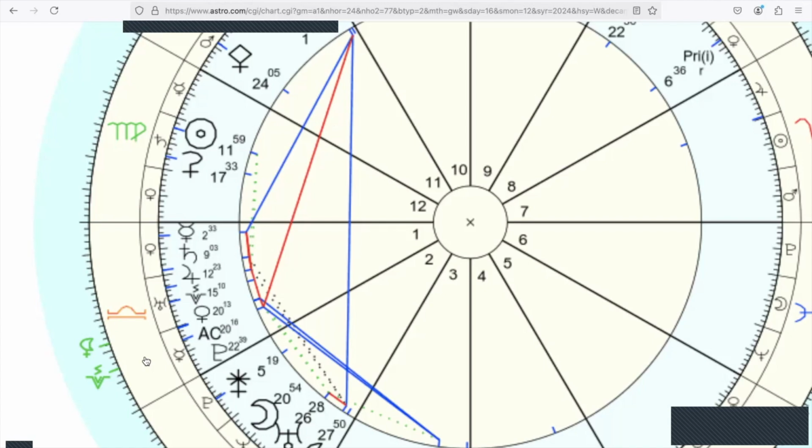She has Venus at the same degree as her ascendant. So, what does this mean? Her defining feature of her personality, 333 on the clock as I read this, is her beauty. She has Mercury in her first house at the second degree.